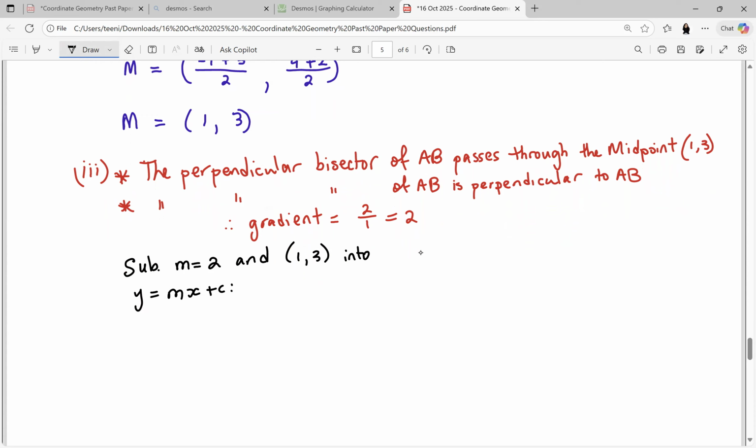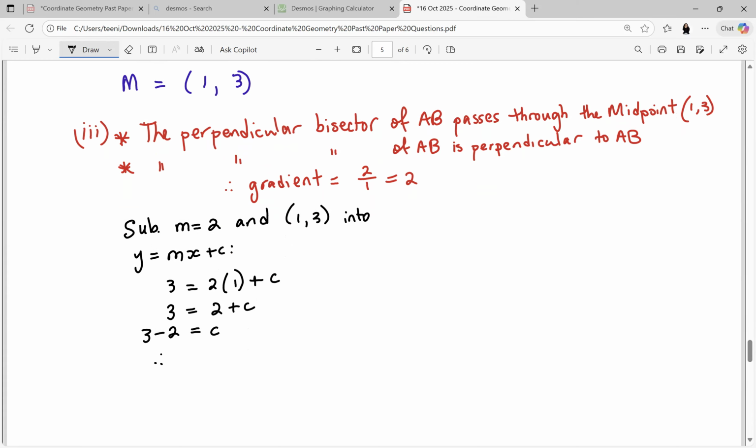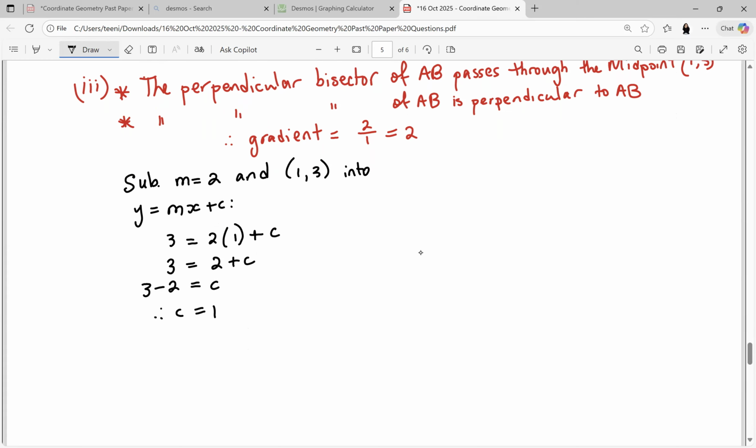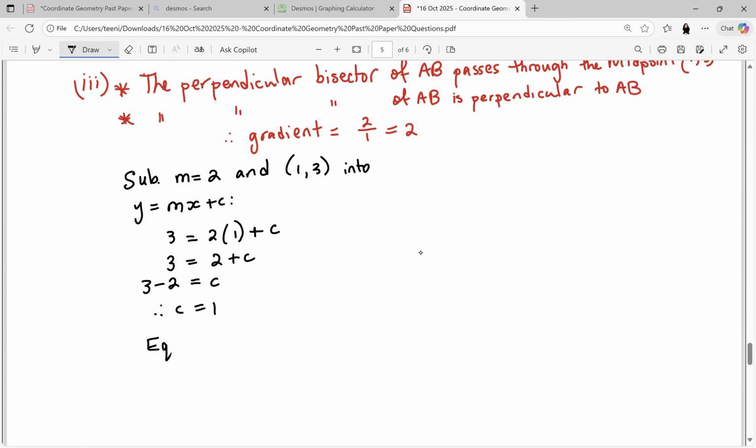So 3, because 3 is y, is equal to m, which is 2, times x, which is 1, plus c. So 3 is equal to 2 plus c, which makes c equal to 3 minus 2. Therefore, c is 1.